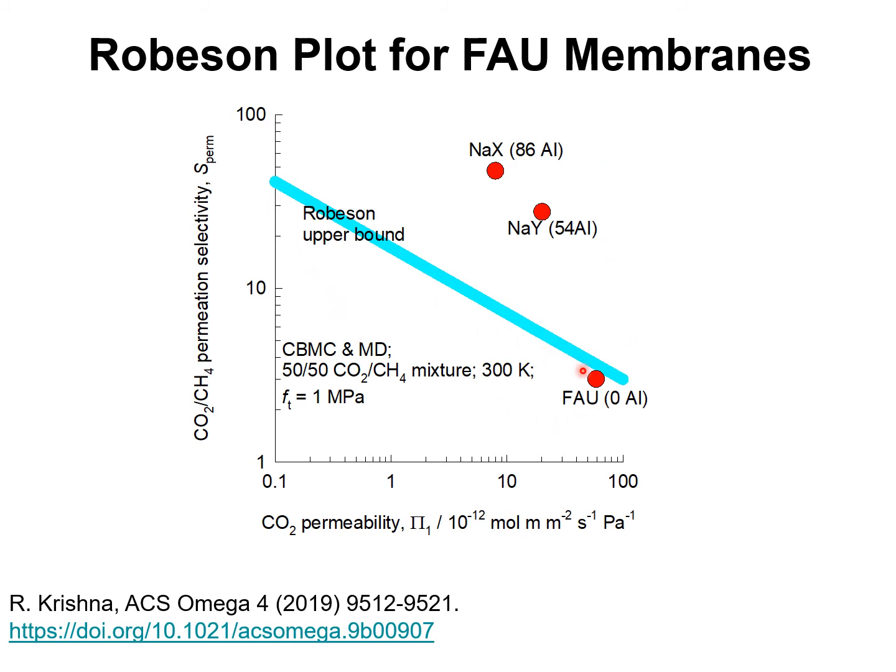This line represents the Robson upper bound, and I present here the data for NaX, NaY, and all silica faujasite. These data are calculated on the basis of a combination of molecular simulations of mixture adsorption and MD simulations for mixture diffusion.